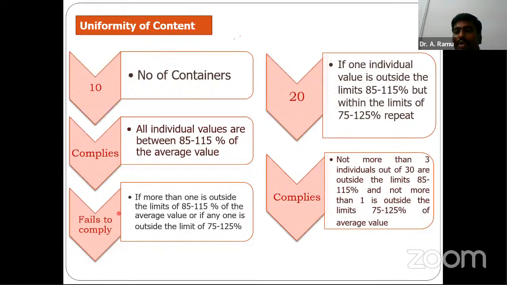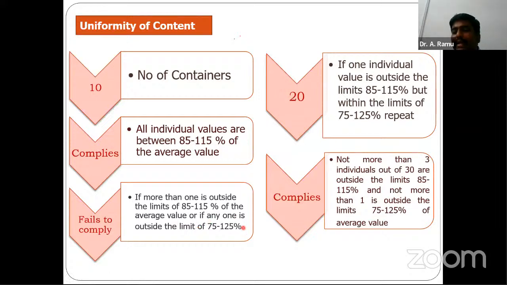And it fails to comply, that means it does not pass the uniformity of content test, if more than one is less than 85% or greater than 115%, or if any value is less than 75% or greater than 125%. Right?